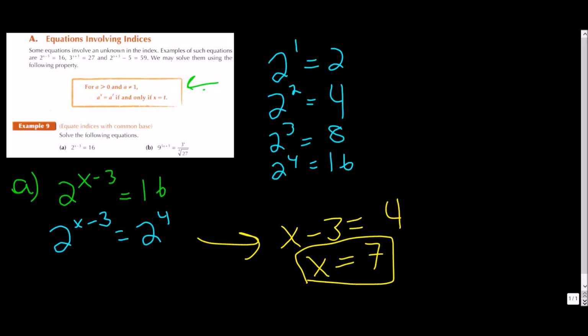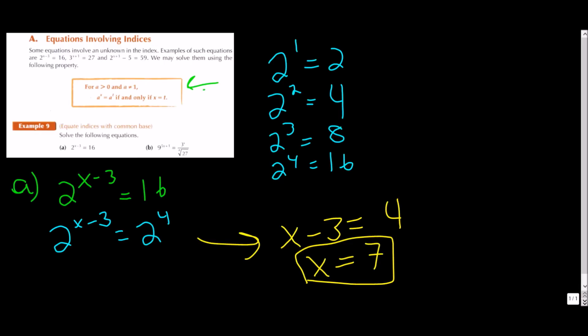So this is a powerful tool for us throughout this section. We want to make sure that when it comes to equations with different numbers as bases, and especially when we have our exponent as a variable, then we need to adjust.